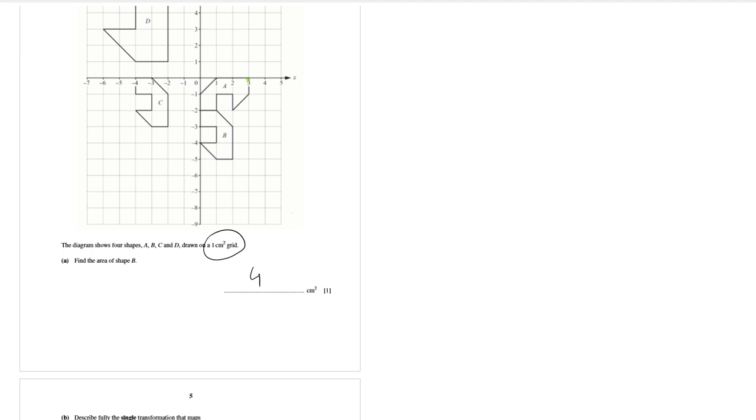If I join this corner to this corner, so this would be some line like this. Okay, sorry, I need to draw this again.